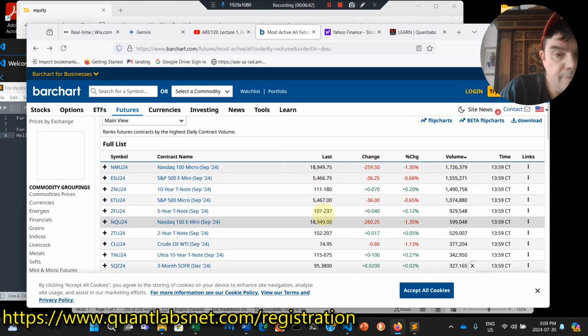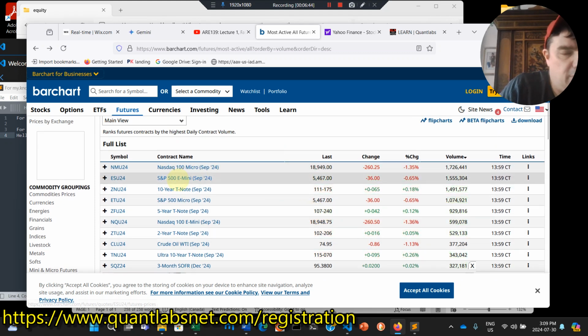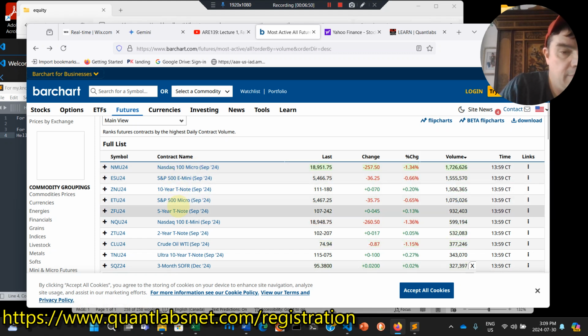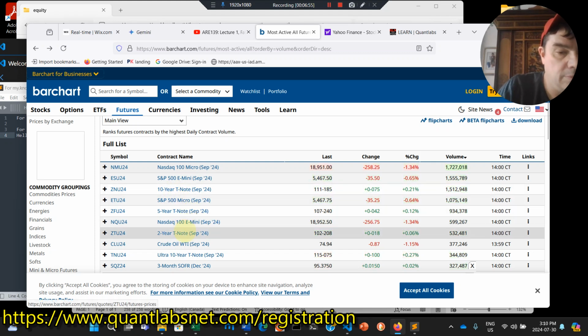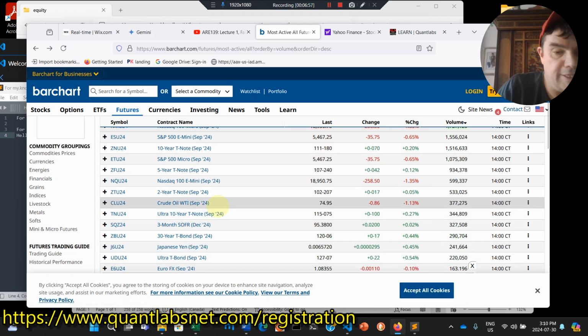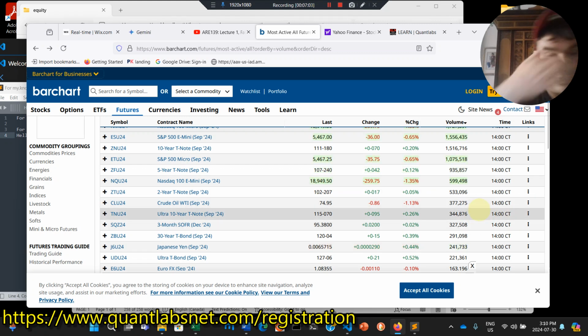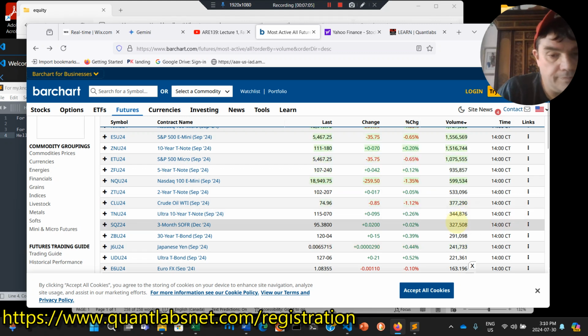So typically, what you'll find here is the micros, the minis, the E-mini of the Nasdaq, S&P, the 10-year note. That's pretty popular. 5-year T note, 2-year, and then you get into the crude oil. That'll probably be a lot higher if crude was performing better.